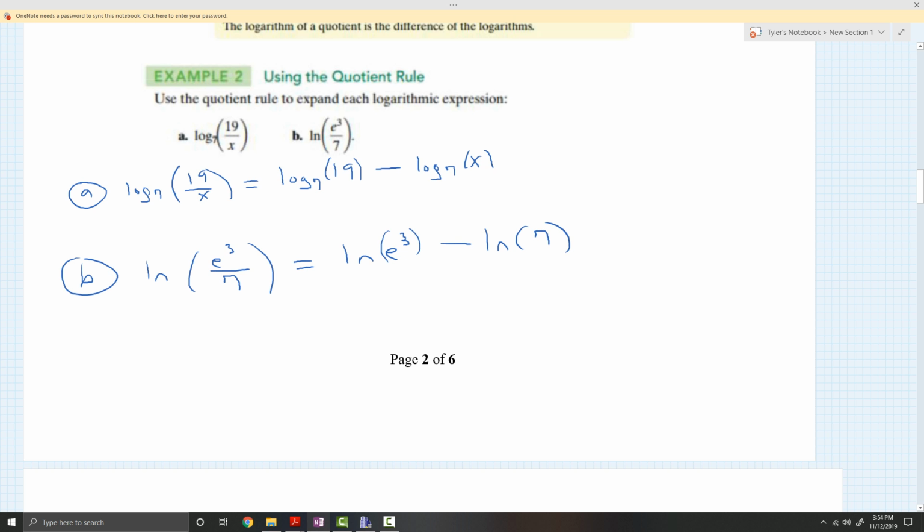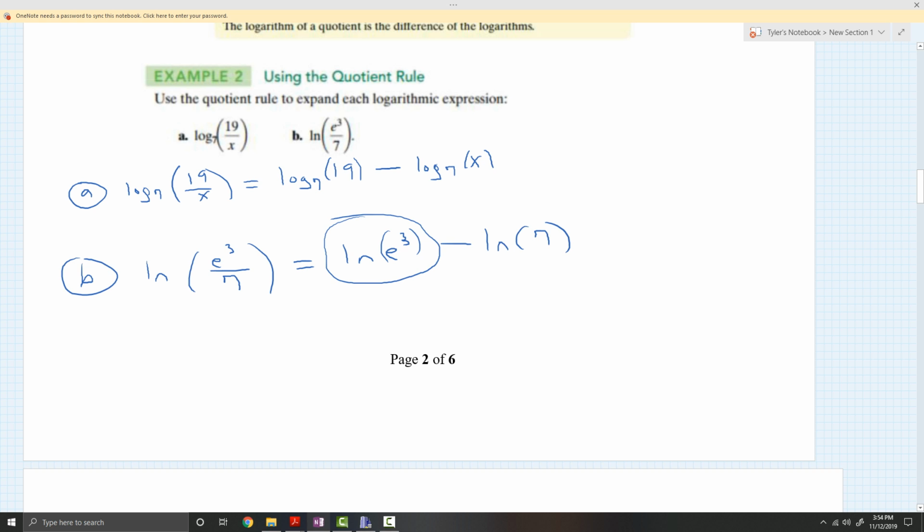If you're wondering, well, Professor Maley, how do I know exactly when I can simplify this further? How do I know I can't simplify one of these logs from part A? Well, this one sticks out to me in part B because I'm taking the natural log. The natural log is base e.